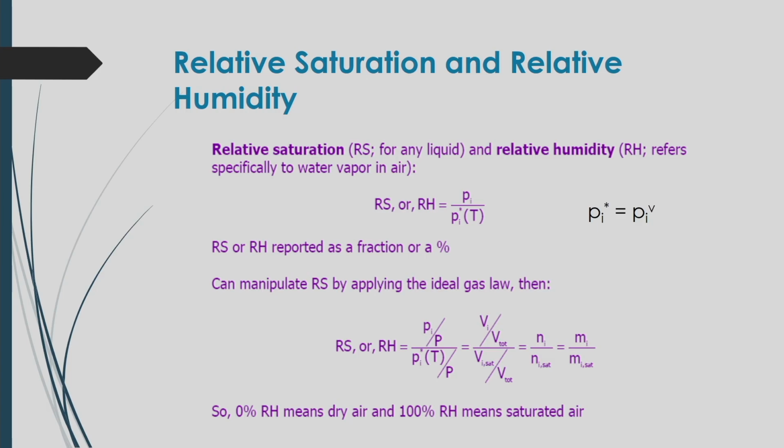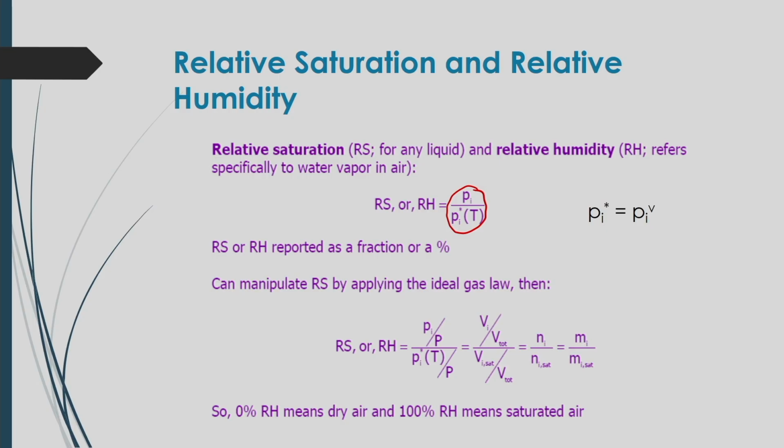What is relative saturation and relative humidity? That is also important. In this case, relative saturation and relative humidity can be defined by the partial pressure of the moisture in the air and the vapor pressure of the moisture in the air at that particular temperature. The ratio will be regarded as relative saturation, or it is sometimes called relative humidity.